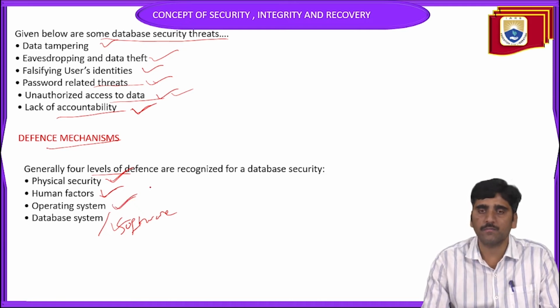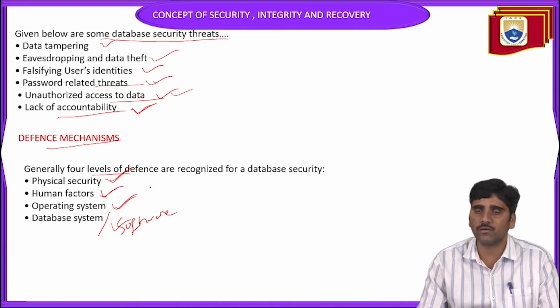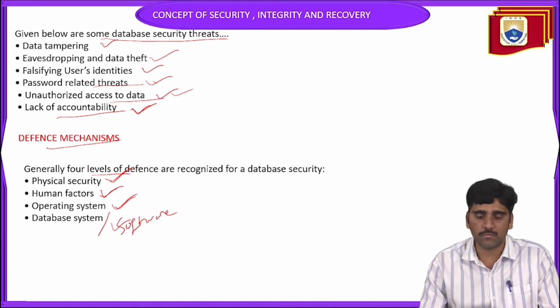And operating system. We are going to use different types of operating systems. But if an operating system has database security features, we can perform the database operations on that operating system so that the data is not going to be stolen by others. So we can defend by maintaining a secure operating system.